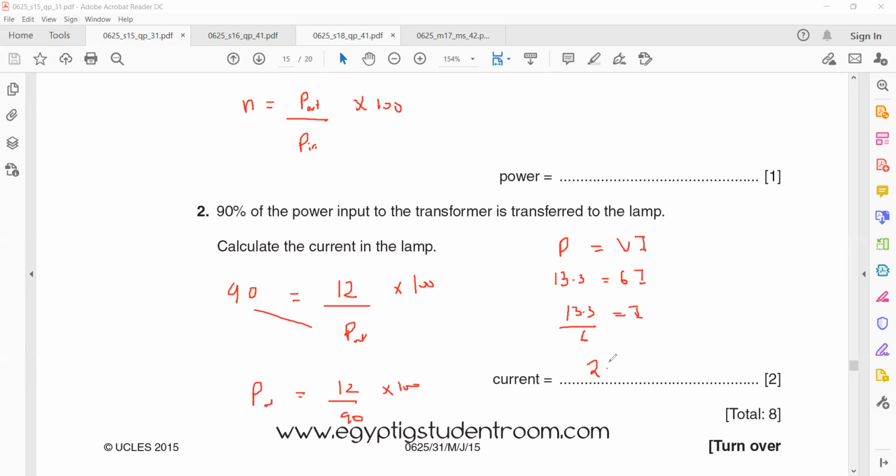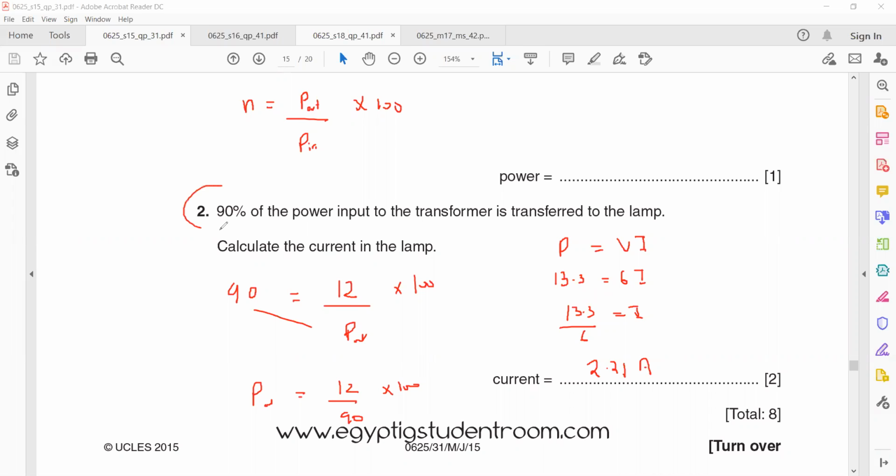So 2.21 or 2.22 amperes. Is it clear? If you take all the digits, like 13.3333, then it will be 2.22. But both are right answers. It depends on how many digits you took in the calculator to get the final answer. Is it clear, this part?